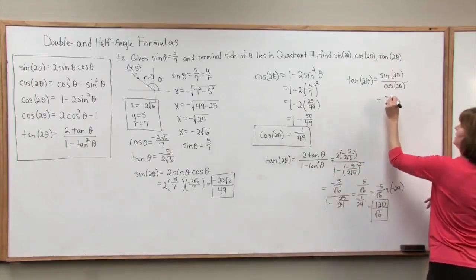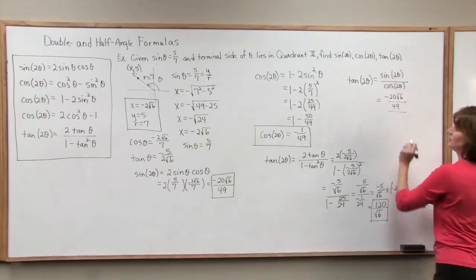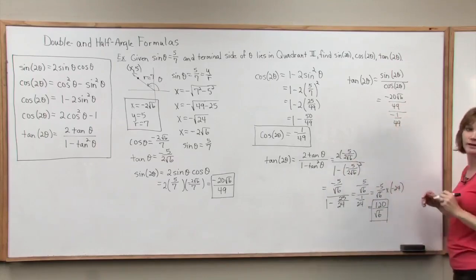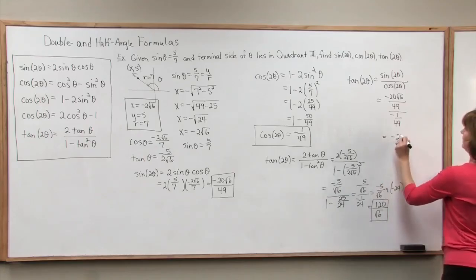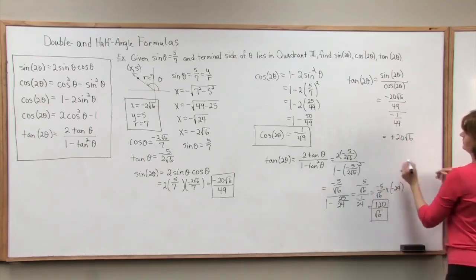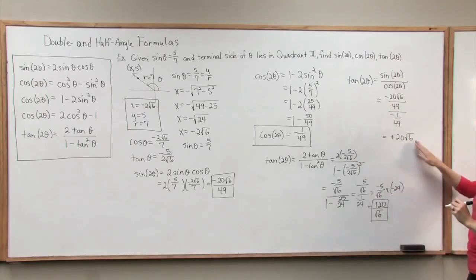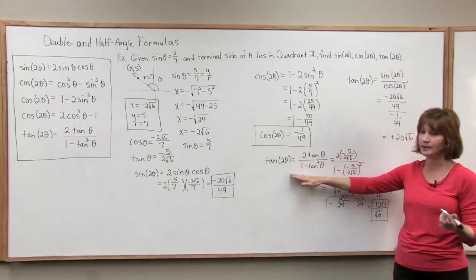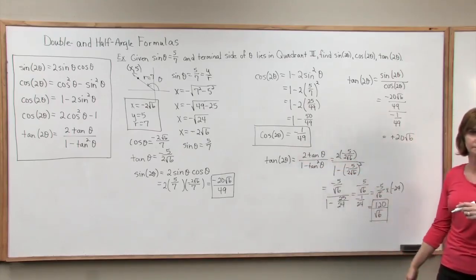So if you took negative 20 square roots of 6 over 49 divided by cosine, which was negative 1 over 49, this would simplify to positive 20 square roots of 6. The 49s will divide out. These two answers are equivalent. So if you don't know the sine 2 theta and cosine 2 theta, then you would just go ahead and use this formula. If you know them, then of course you have a choice.